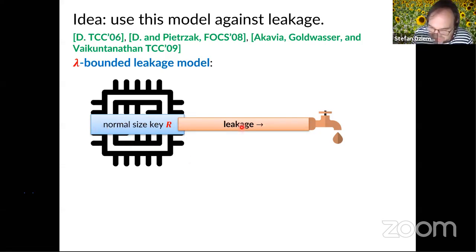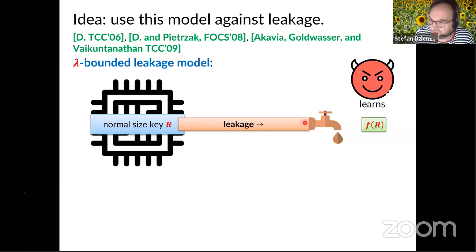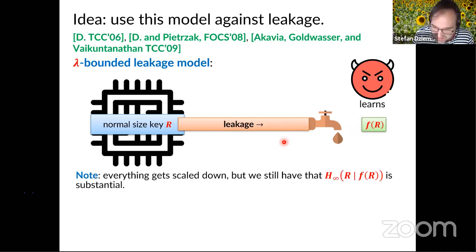And we assume that what can leak is some function which is bounded output. So this will be again the bounded output function f, and everything will get scaled down, but we'll still have the situation that the mean entropy of r, given what leaked to the adversary, is substantial. Okay? So this f is again bounded output.